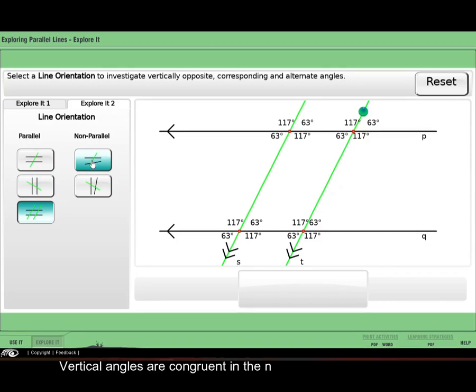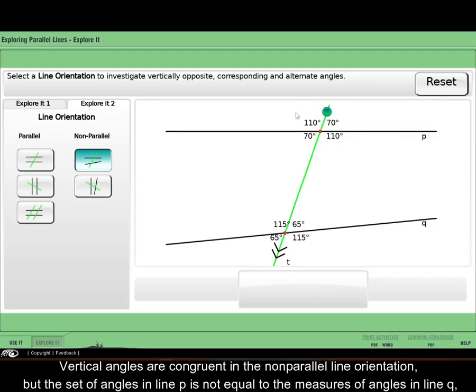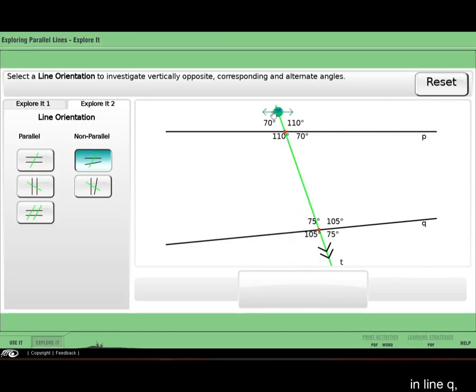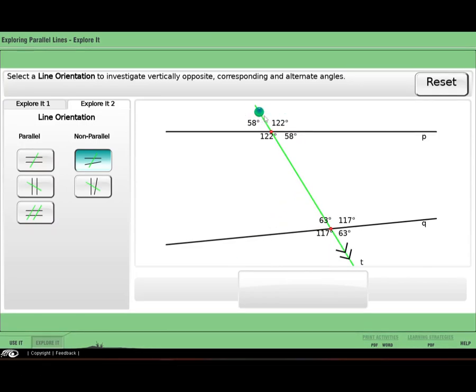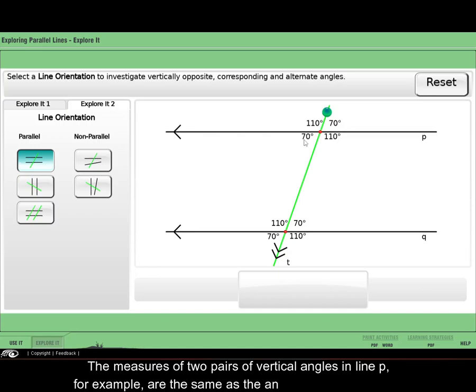Vertical angles are congruent in the non-parallel line orientation, but the set of angles in line P is not equal to the measures of angles in line Q. Which differs from the parallel line orientations. The measures of two pairs of vertical angles in line P, for example, are the same as the angle measures in line Q.